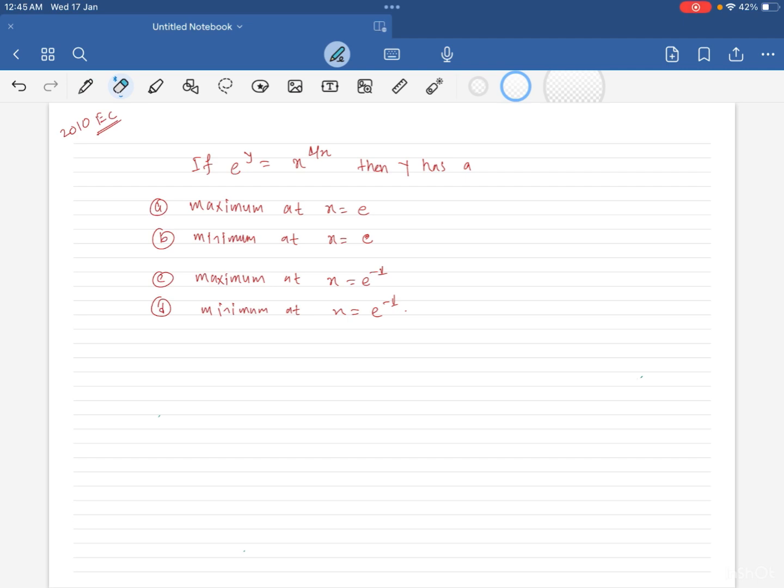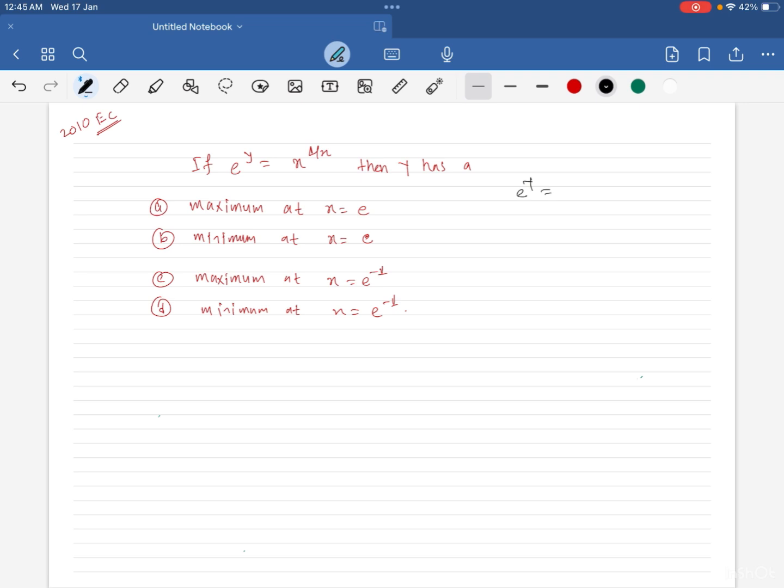Okay, so let's look at this question. This question is from 2010 EC. If e to the power y is equal to x to the power 1 by x, then y has a maxima at e, minima at e, maxima at e to the power minus 1, or minima at e to the power minus 1. So we have to look for y, right? We have been given this equation. What can we do?